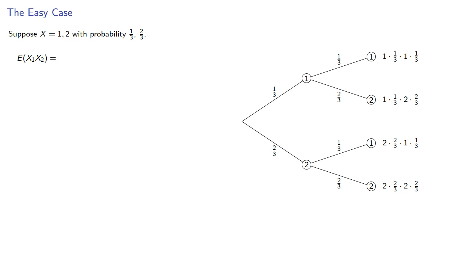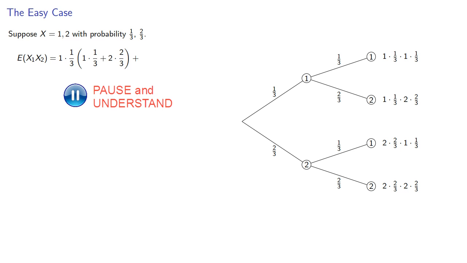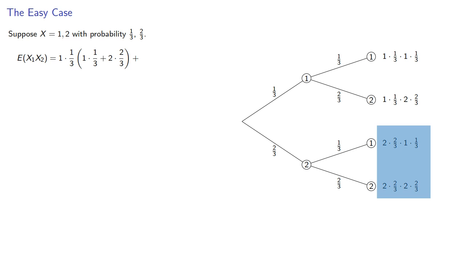Now, while we could just add these numbers together, let's think about them a little bit more systematically. These top two outcomes are really 1 times 1/3, the outcome 1 times 1/3 plus the outcome 2 times 2/3. And likewise, the outcomes along this second branch are really 2 times 2/3 times 1 times 1/3 plus 2 times 2/3.